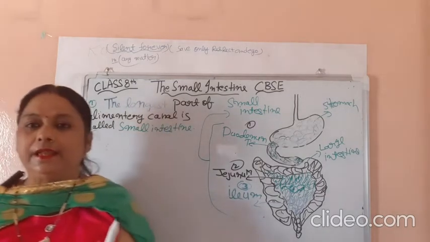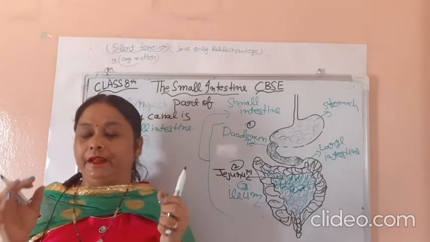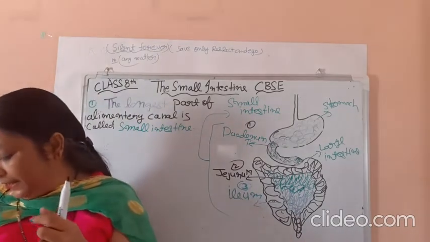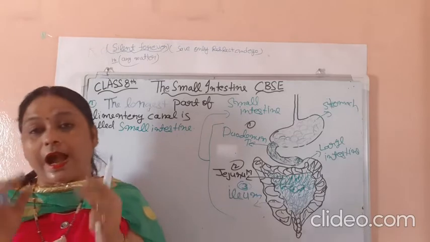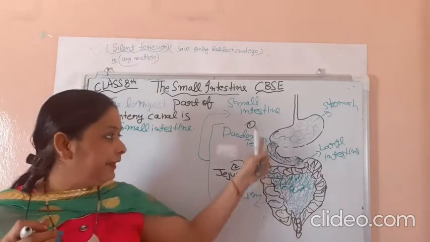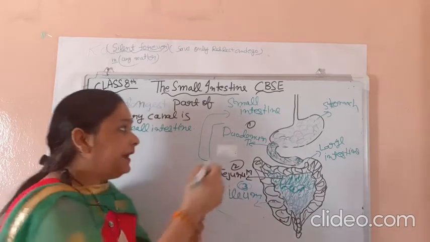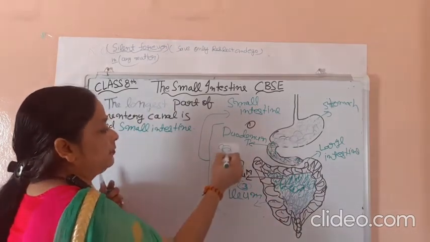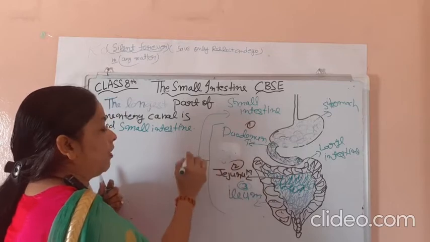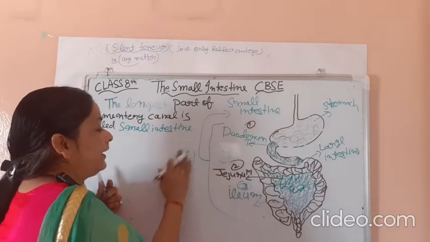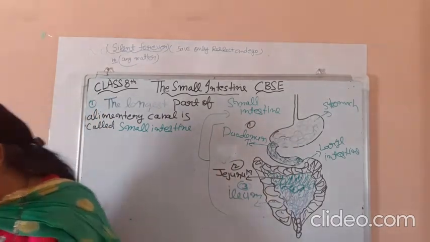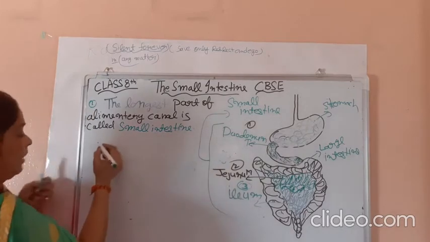The small intestine covers a very large area. It is a highly coiled structure. You can see on your screen, this is a coiled structure.